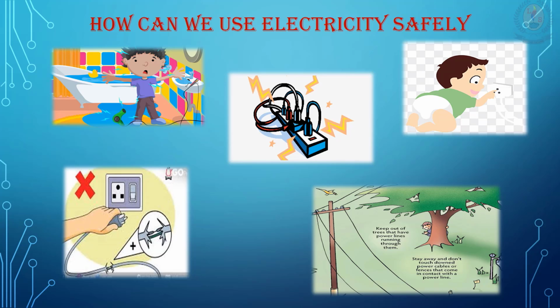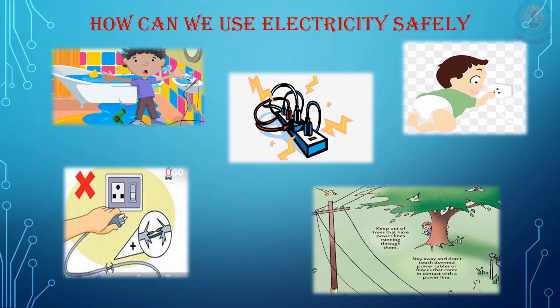Then the last picture. Yes, keep out of trees that have power lines running through them. And also we have to stay away from and not touch downed power cables that come in contact with the power line.